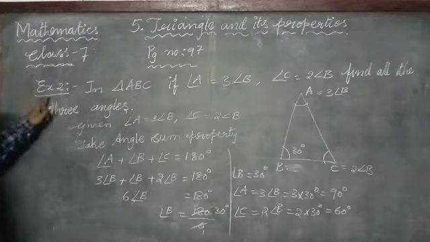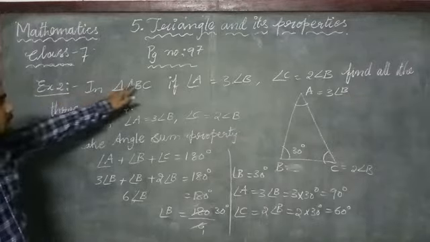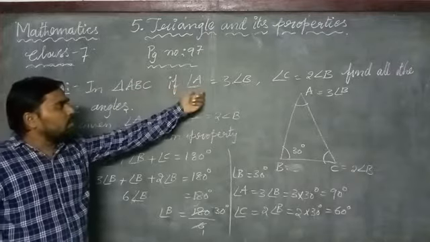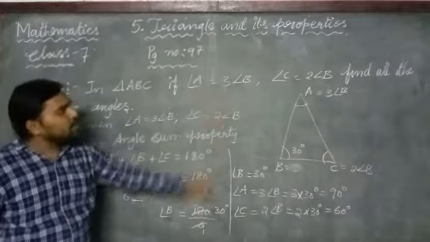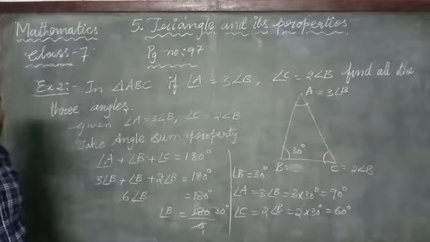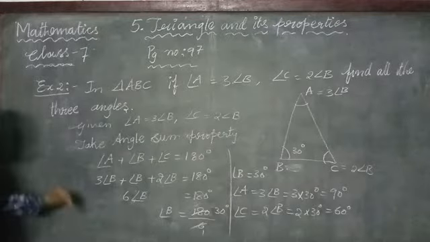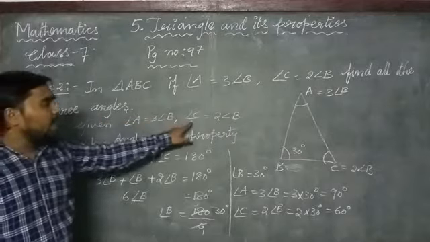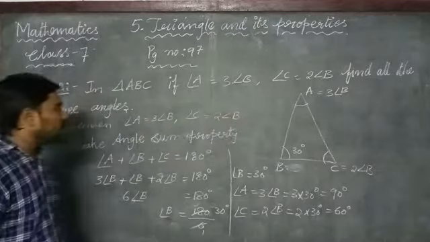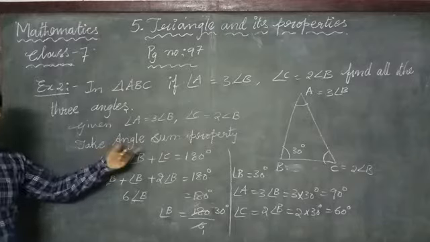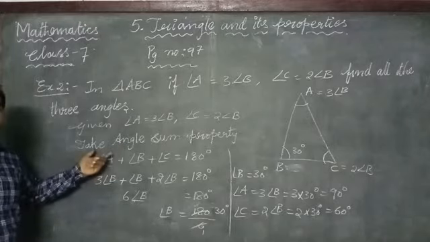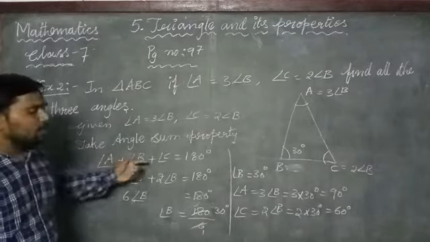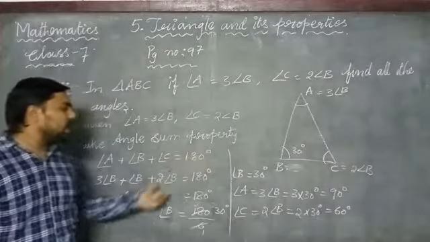Okay, once again I am saying, in the triangle ABC, if angle A equals to 3 angle B, and angle C equals to 2 angle B, find all the three angles of a triangle. Now they had given angle A equals to 3 angle B, angle C equals to 2 angle B. Take angle sum property of the triangle. According to angle sum property, the sum of all the angles in a triangle equals to 180 degrees.